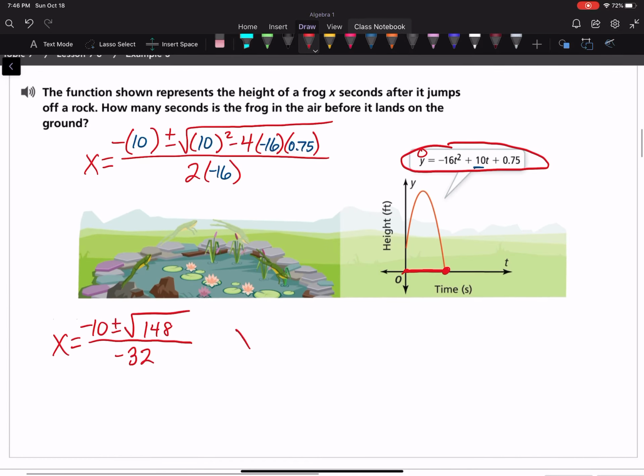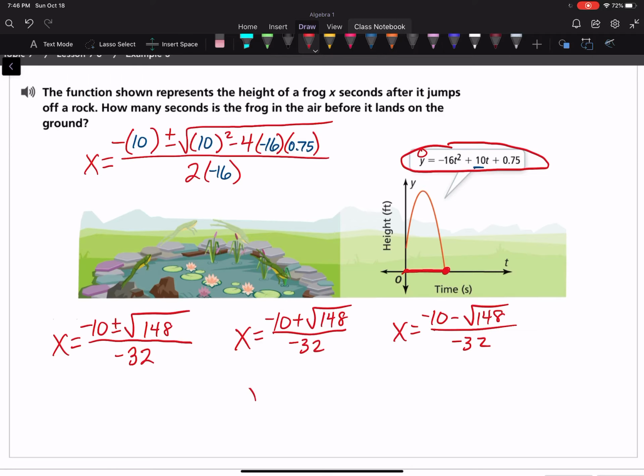So if I round it, this is what you're going to put in the calculator. You're going to say -10 plus the square root of 148 divided by -32, and you're going to say -10 minus the square root of 148 divided by -32. Okay?